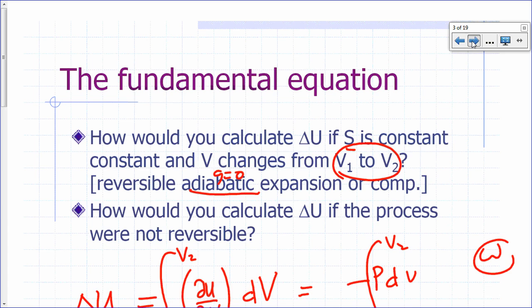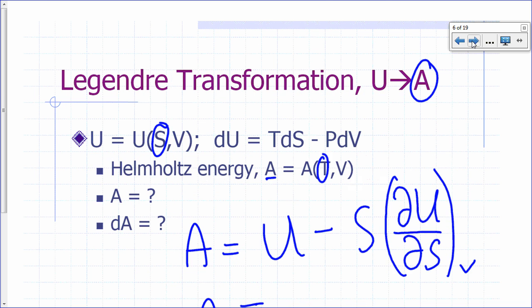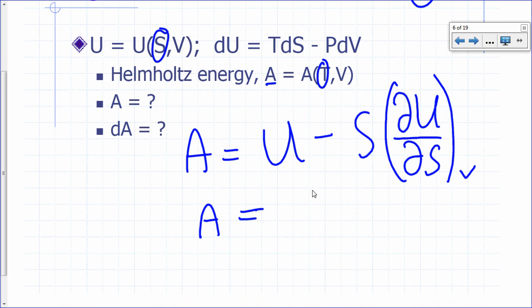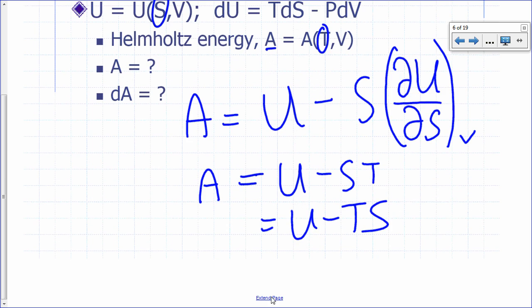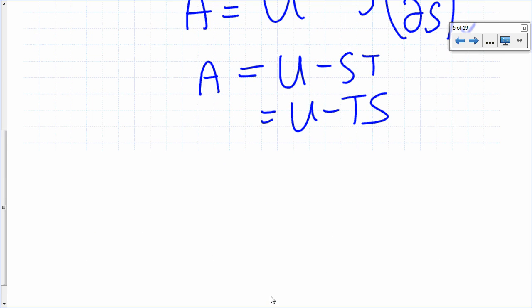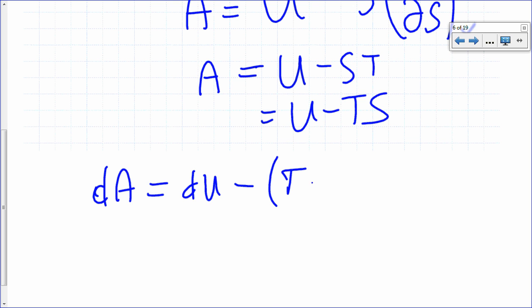Okay? So we say that the Helmholtz energy is equal to U minus ST, or U minus TS. It's the more common way it's written. So if A is U minus TS, what is dA? It's dU minus TdS plus S dT.